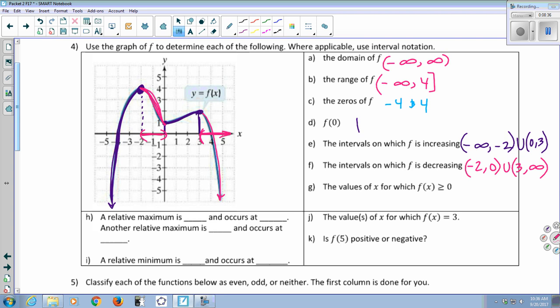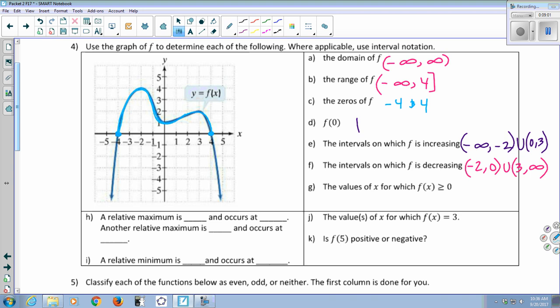Values for which f of x is bigger than or equal to 0. So f of x is y, right? See right here, y equals f of x. So I want to know, when is y bigger than or equal to 0? So that's when are the y values positive or 0? So here they're 0. And then when they're above the x-axis, they're positive.